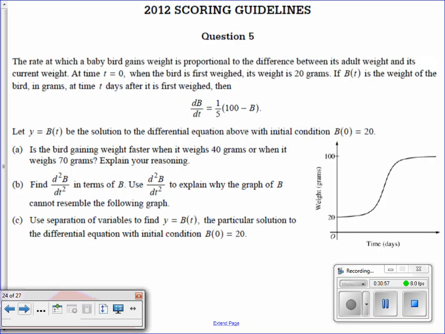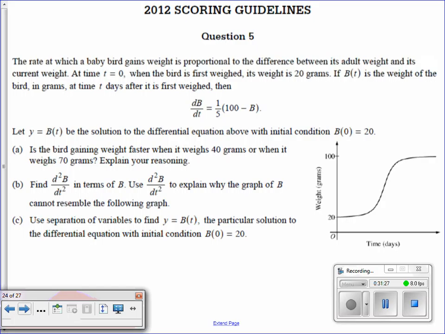So they give you a differential equation. B is the bird's weight, T is time. So dB/dt, that's the rate at which the bird's weight is changing. Change in bird's weight per change of time. And they tell you what it equals. The first question, is the bird gaining weight faster when it weighs 40 grams or when it weighs 70 grams?